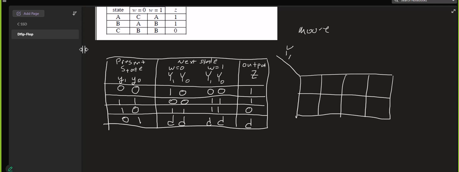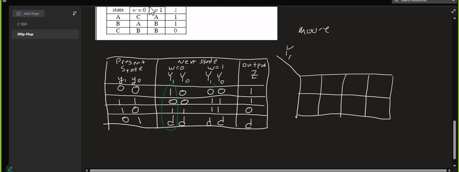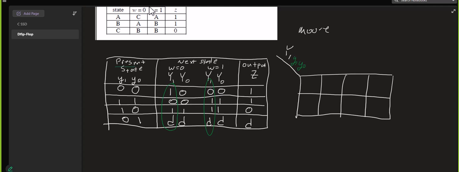So what I look at for Y1 is the Y1 column in both of these, and Y1 is going to depend on y1, y0, the present state, and also on W. So this is 0, 0, 0, 1, 1, 1, 1, 0, and 0, 1. I know when y1, y0 is 0, 1, I have don't care, so I'll fill those in.